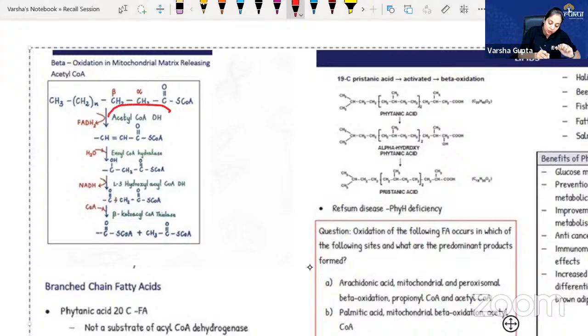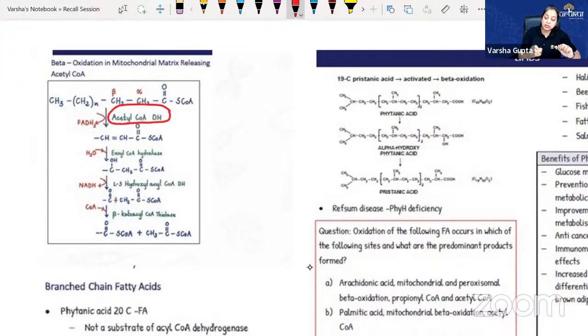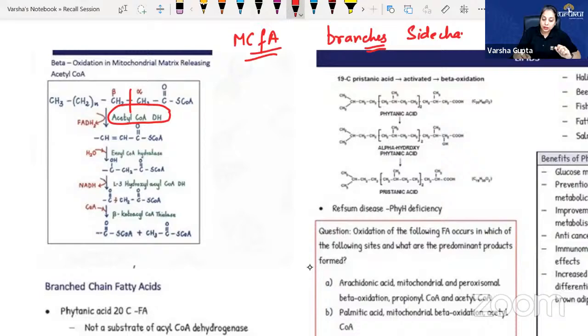You have acyl coenzyme A dehydrogenase, which is going to chop off two carbon units, two molecules, acetyl coenzyme A, and then you get the acetyl coenzyme A. But that is when you have a medium chain fatty acid. Odd things happen when you have the branches, and odd chain things happen when you have the side chain. Then the scenario changes, right?